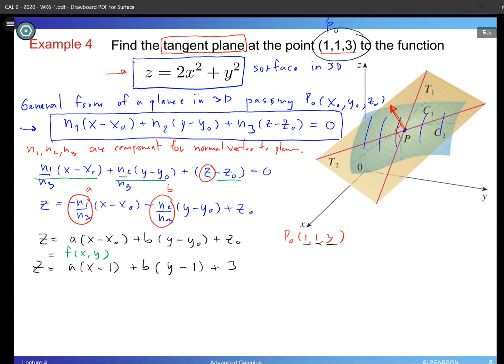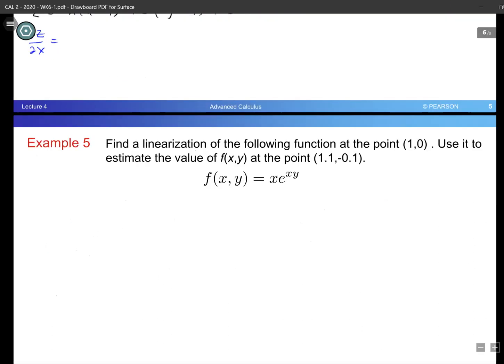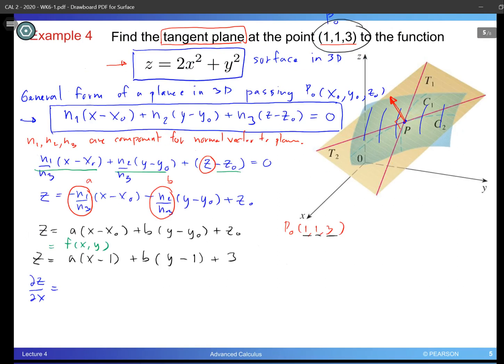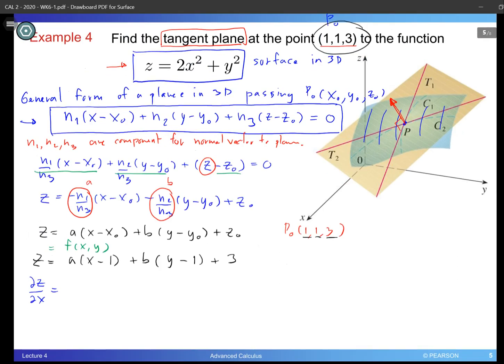Okay? Now, the next thing I'm going to do is to perform the partial differentiation with respect to x and y. So next thing, I am going to find the partial derivative of z with respect to x. So I am going to diff the expression right here with respect to x.